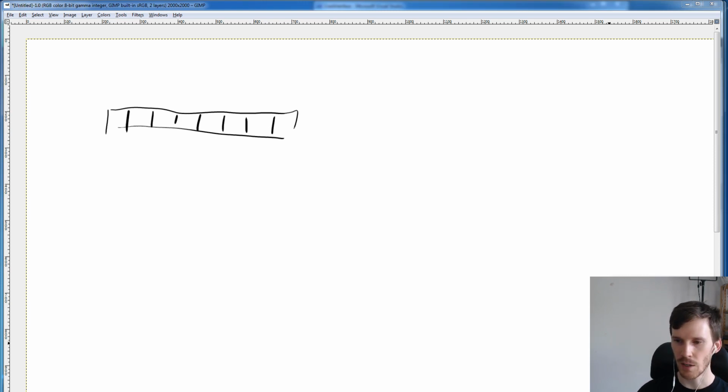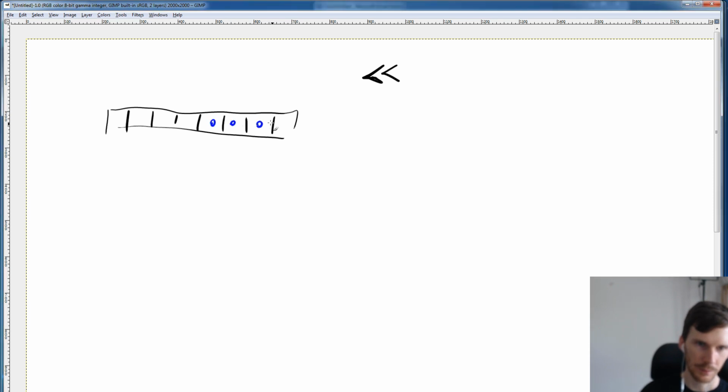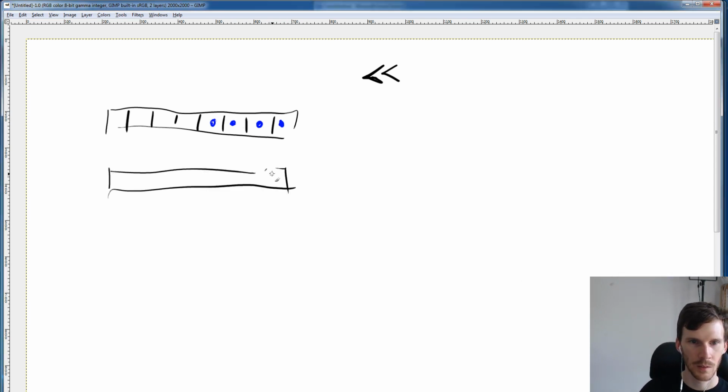So say we have our bits and we want to shift them. We'll start with shifting right. If we have bits here and we shift them right by, say, 2, we end up with them here.